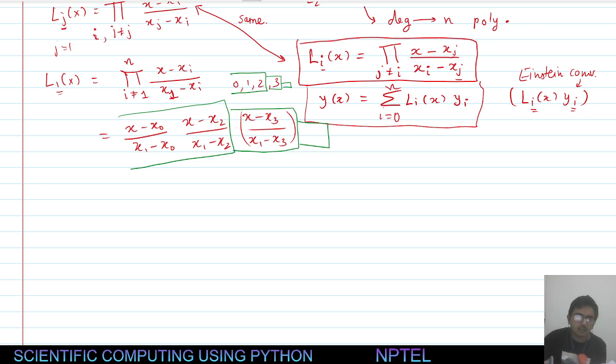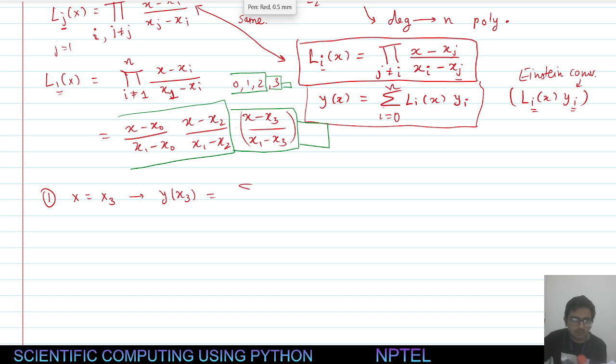So now that we have this formula for Li, we can see some things very easily. One is, what happens when x is one of the data points. Let's say x is equal to x3, and I want to compute y of x3.